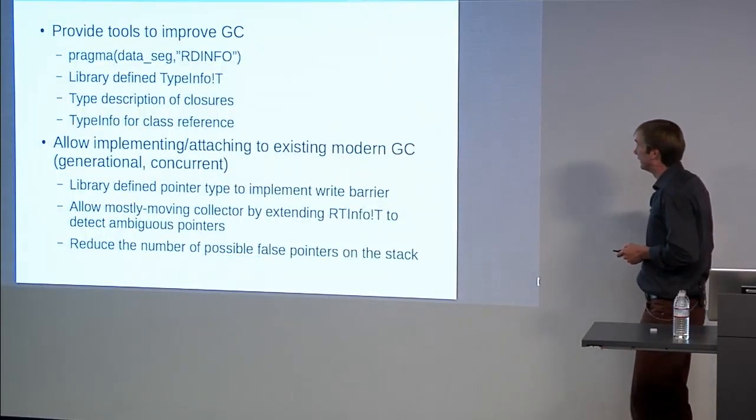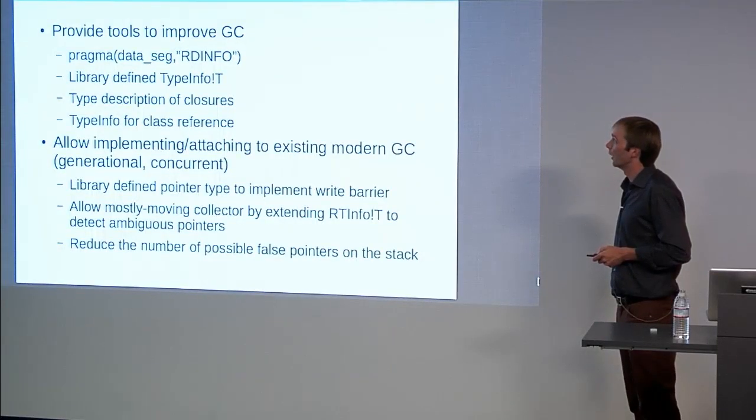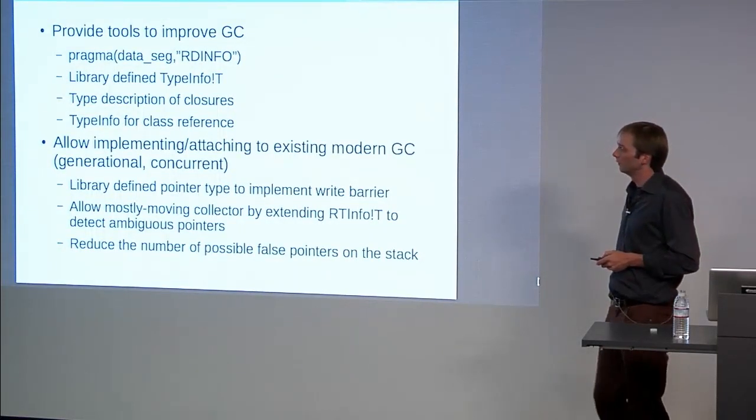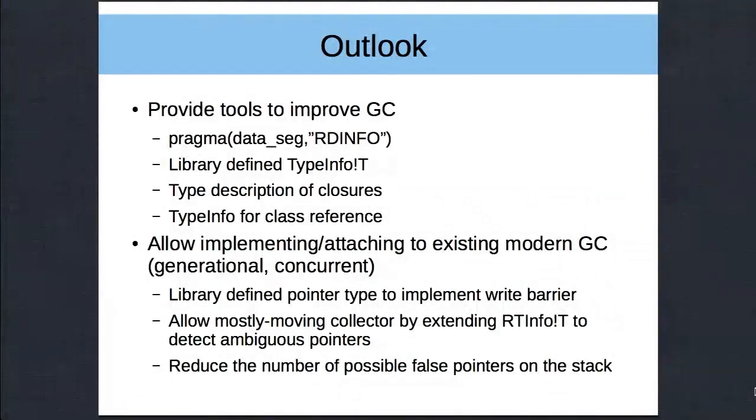So, what would be nice to have to improve the garbage collector is some way to generate this RTinfo for the data segment. And one way I would propose is to have a pragma data seg that allows to specify where data is put into a binary, with this information for the linker.